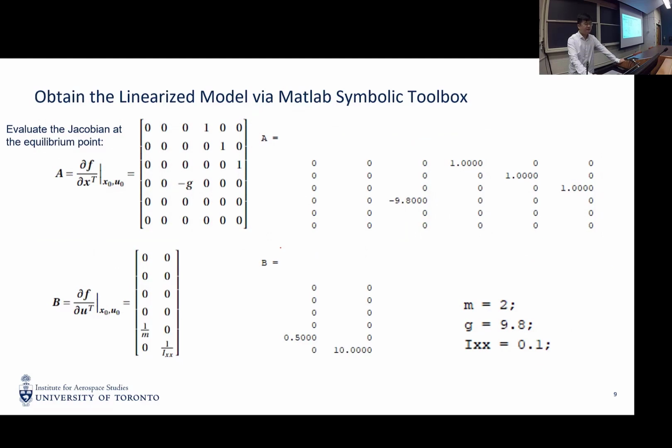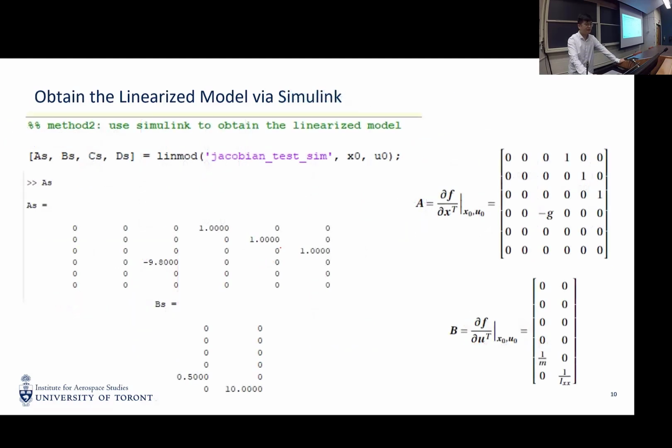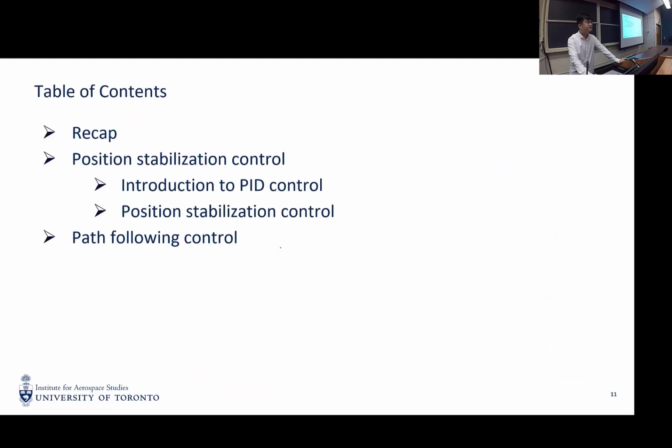In addition to that, you can also use a Simulink model and the function called linmod to get the linearized model around the equilibrium. Both of them will give you the same results. Any questions so far? Okay, good.